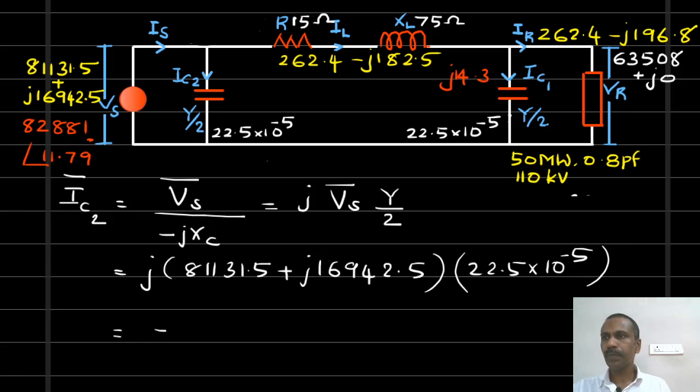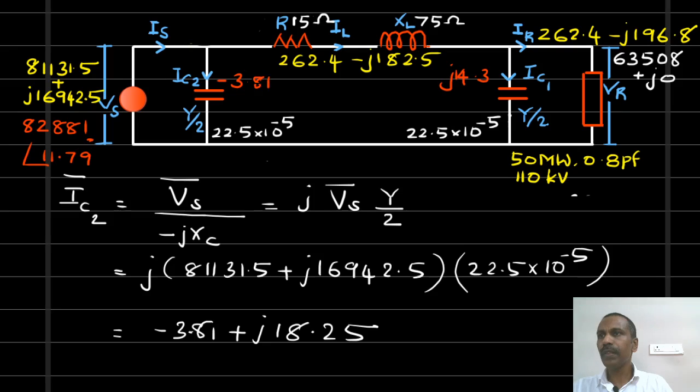IC2 equals minus 3.81 plus J 18.25 amperes.